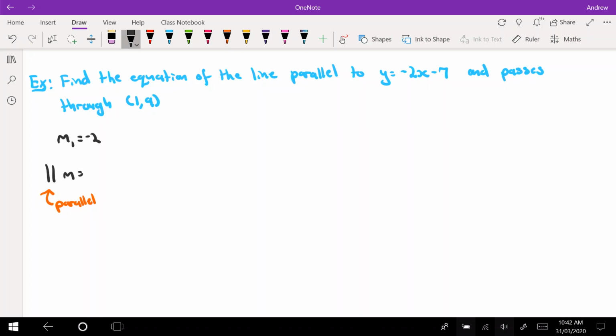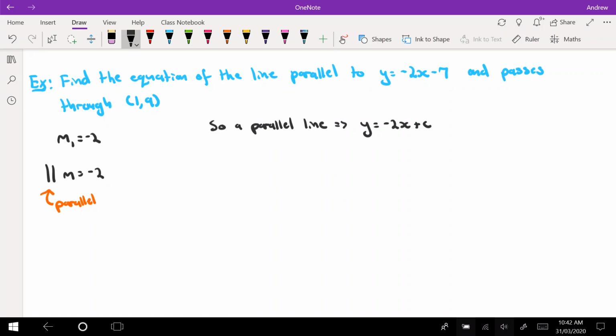The parallel gradient is also -2, because if 2 lines are parallel, they have the same gradient. So a parallel line has the equation of y equals -2x plus c.